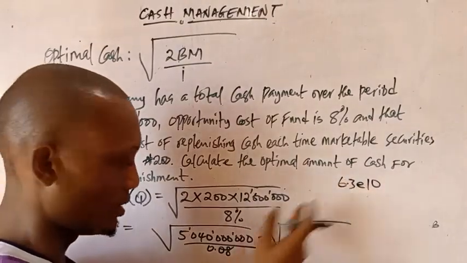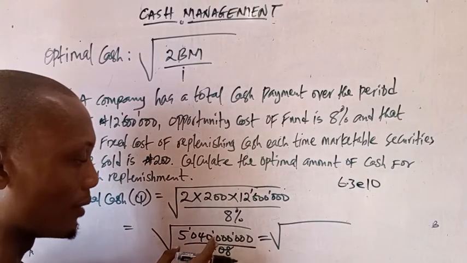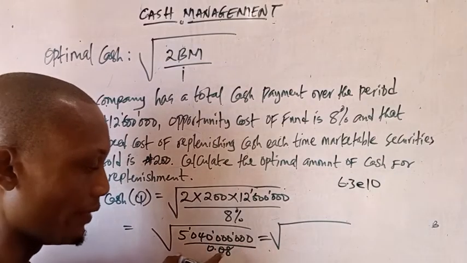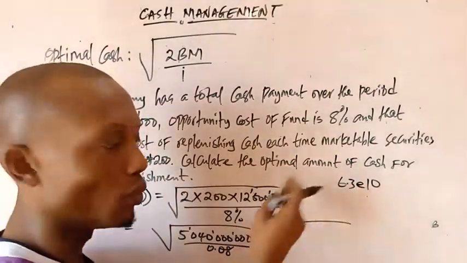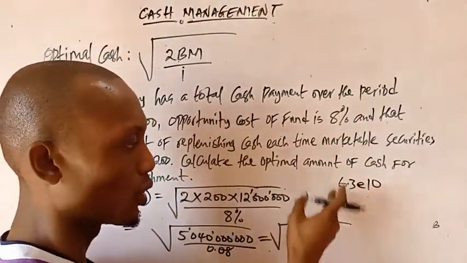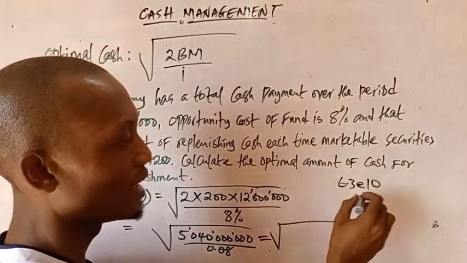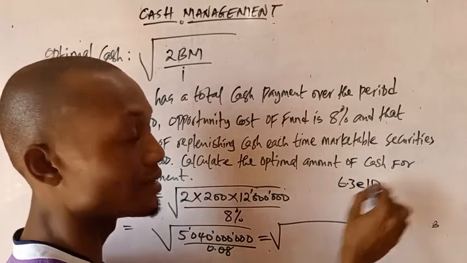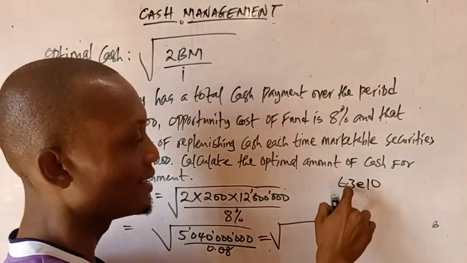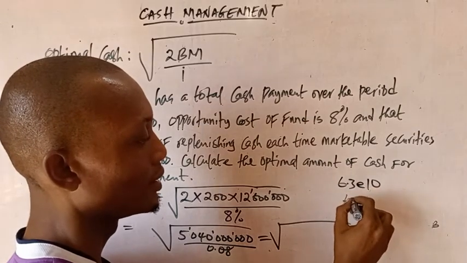This is the answer you are going to see when you divide 5 billion and 40 million by 0.08. What does it imply? How are you going to convert it to the figure you know? What this is simply telling us is that you should shift the decimal point 10 places.